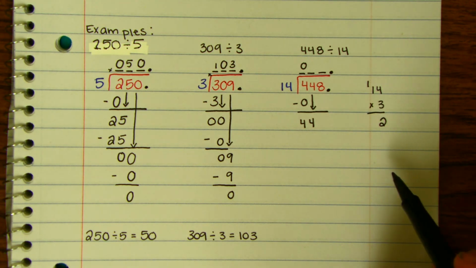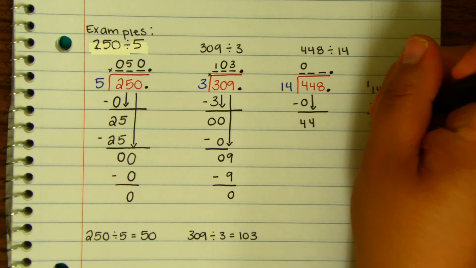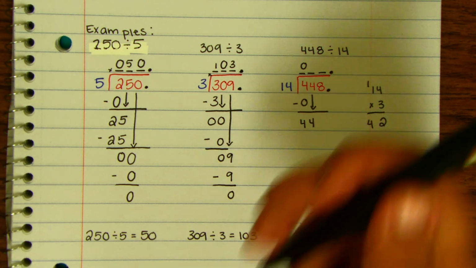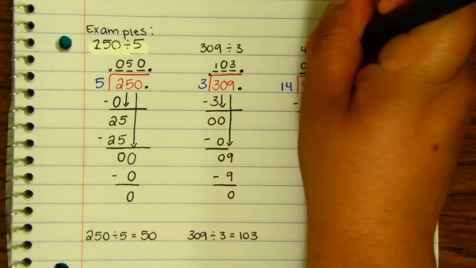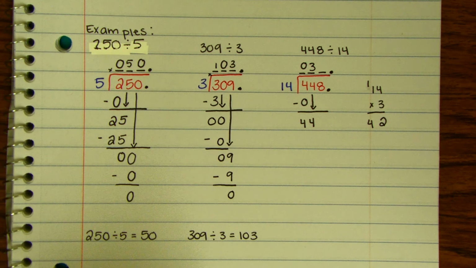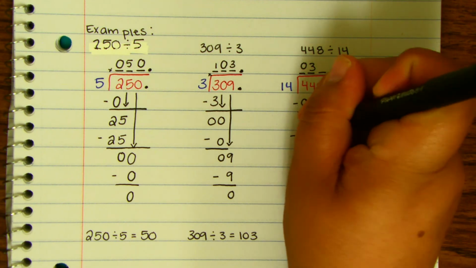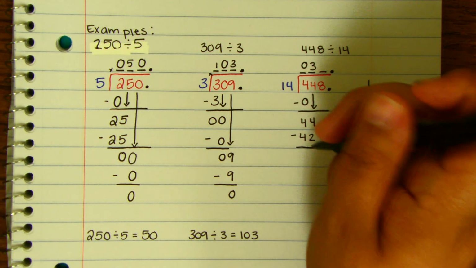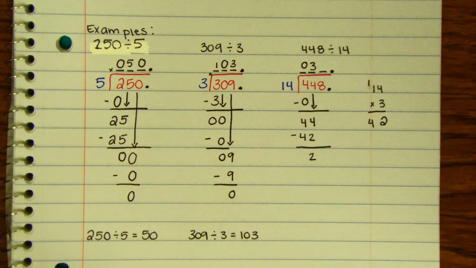And 3 times 1 is 3, plus 1 is 4. So I have 42. Well, that looks really close without going over, and I think that if I multiply by 4, it would definitely go over. So I'm going to stick with 3. So I'm going to write 3. I'm going to subtract 42, and I'm left with the number 2.